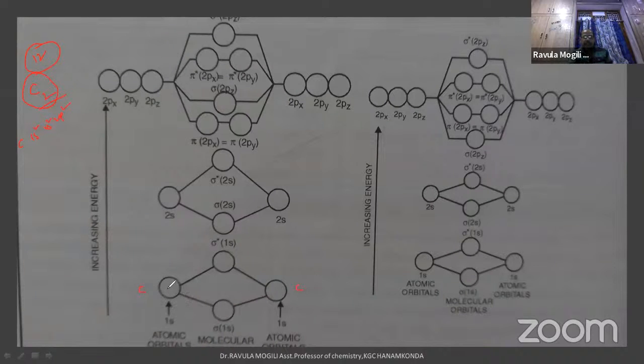So here these are 2 electrons, here also 2 electrons. This is 1 electron, here also 1 electron. For this carbon, this is 2 electrons, here also 2 electrons, and this exists as 2 electrons. So filling of electrons.